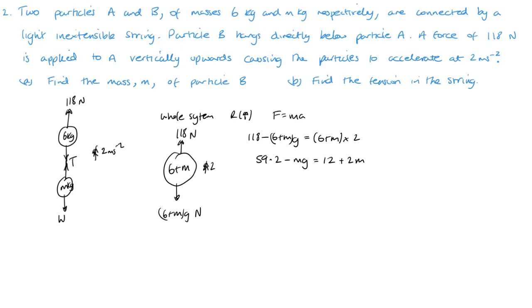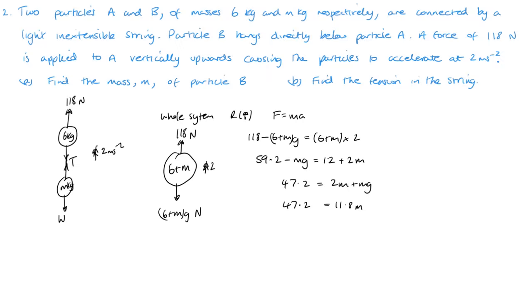So 59.2 minus 12 is going to be 47.2. And then this is 2m plus mg. So 9.8 plus 2 is going to be 11.8m.